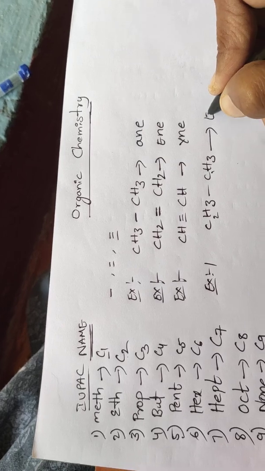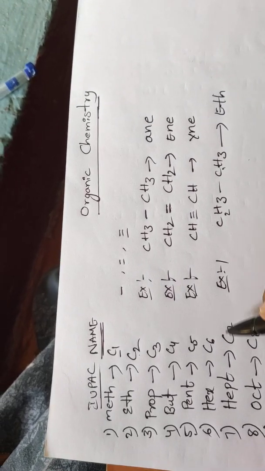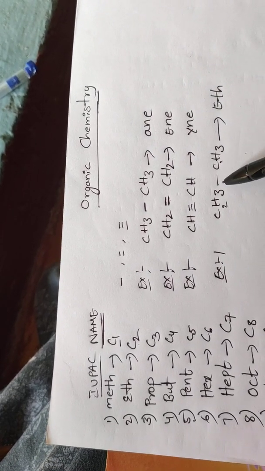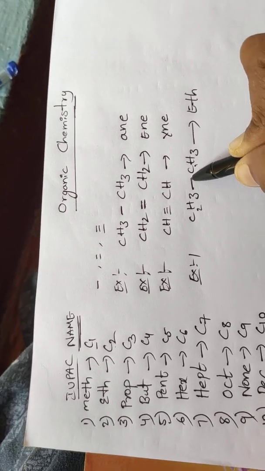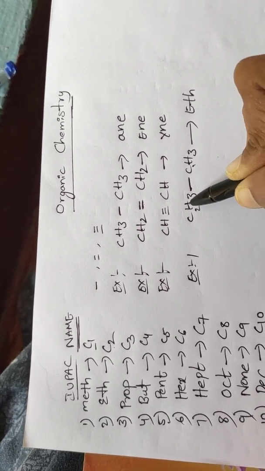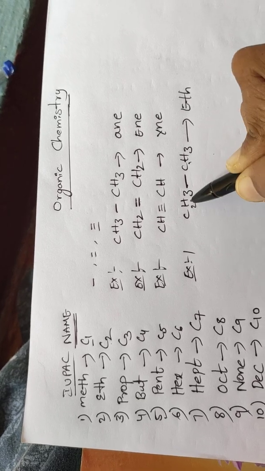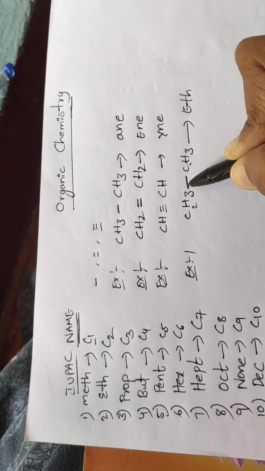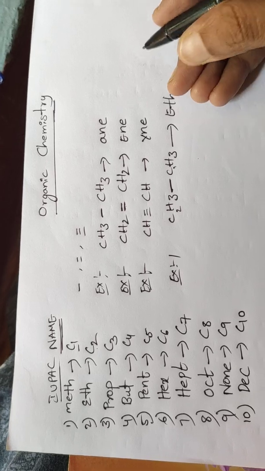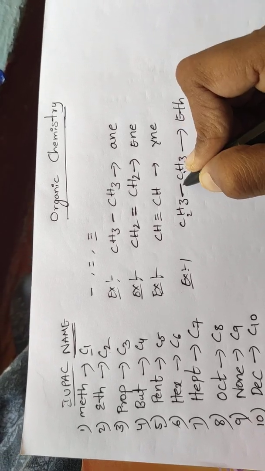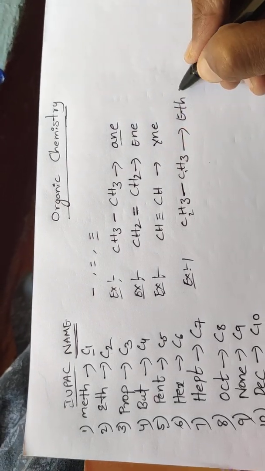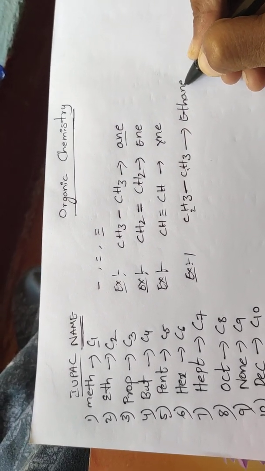Next, you have to count whether single bond or double bond is there. Here all hydrogens have single bonds, and in between carbons also we have a single bond, so it is called ane. So, ethane.